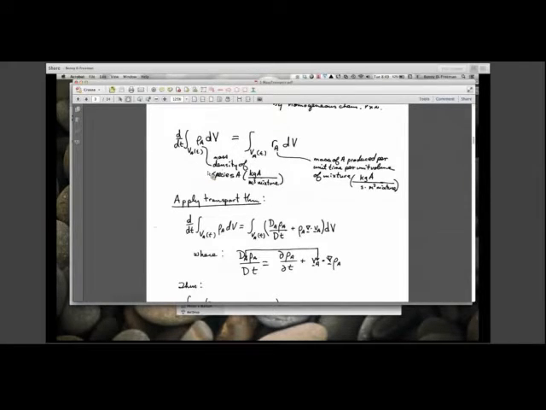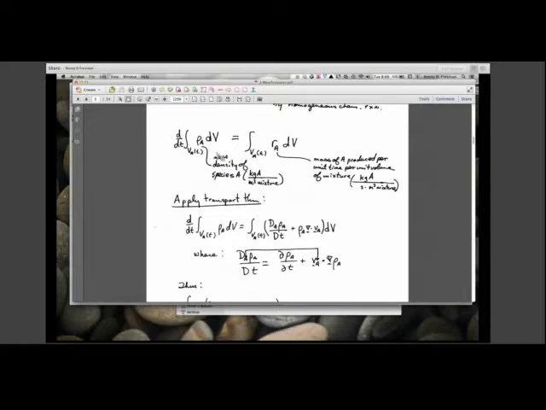Now, here comes the tricky part. How many of you, they're supposed to have taught you the Reynolds transport theorem? Anybody here not familiar with that? Okay, so we're all good. So the basic idea here is that this equation by itself, this mass balance equation, is, to put it kindly, of limited use.